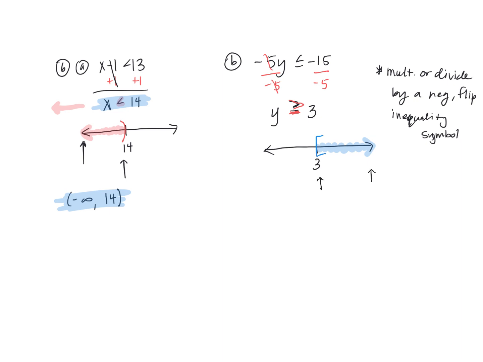So the shaded part of my graph starts at 3 with a bracket, and it goes forever in the right direction, so to infinity with the parentheses. Again, remember, infinity and negative infinity always get parentheses. They never get a square bracket.